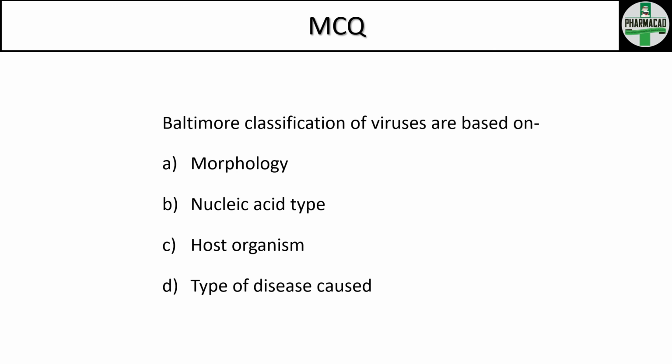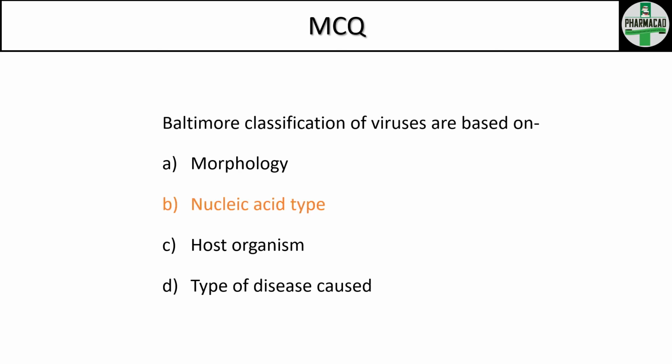Let's solve a few MCQs based on the concepts that we have learned till now. Baltimore classification of viruses is based on morphology of viruses, nucleic acid type present in the viruses, host organism in which viruses are causing infection, and type of disease caused by the viruses.